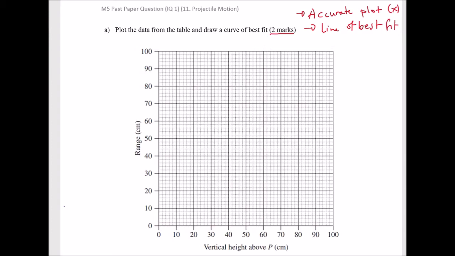So vertical height is 10, range is 32. So that point there. 20 and 44. 30 and 58. 40 and 66.